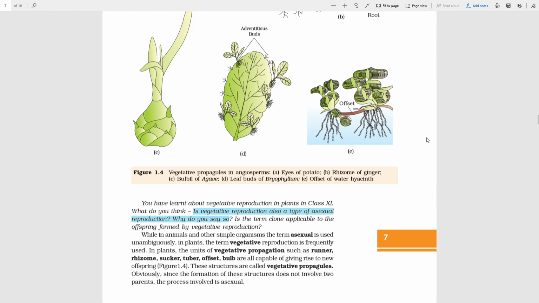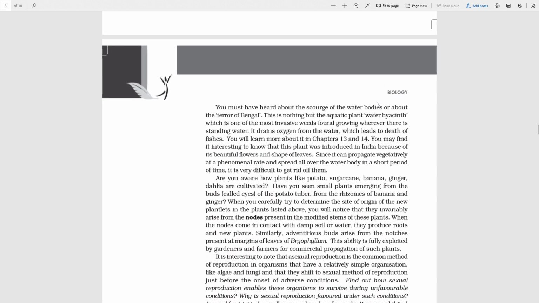This is water hyacinth, and there is this frequently asked question: which is the plant which has caused the terror of Bengal? So the answer is water hyacinth. And what are the reasons? It's one of the most invasive weeds found growing wherever there is standing water.